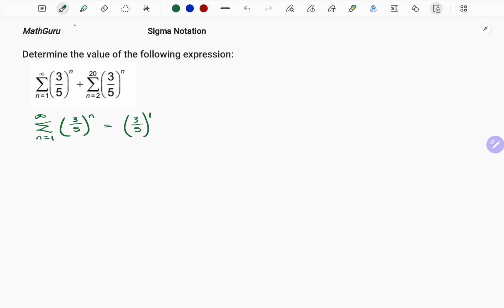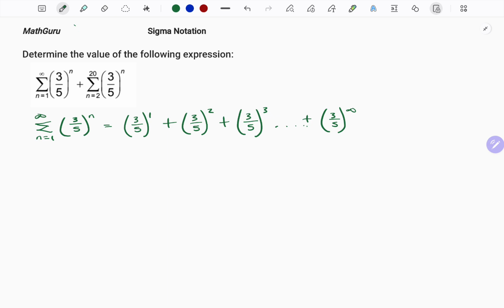The second term is plus 3 over 5 squared, now my n is 2. Then one more, 3 over 5 to the power of 3. So this goes on, and it stops at infinity. That means it has no end.